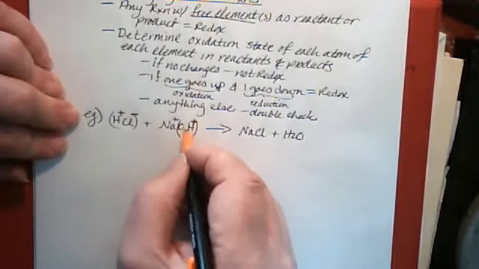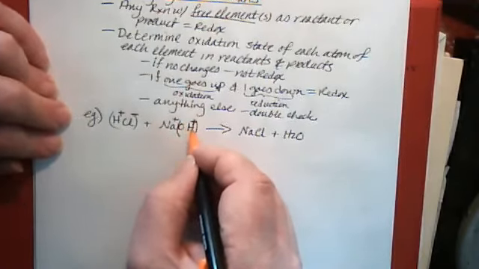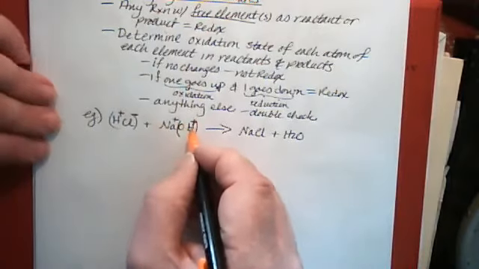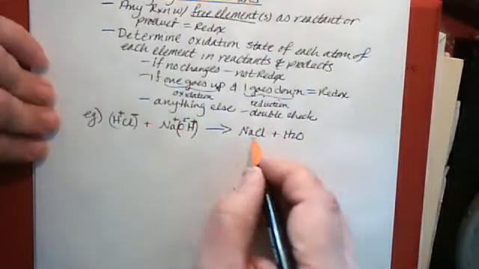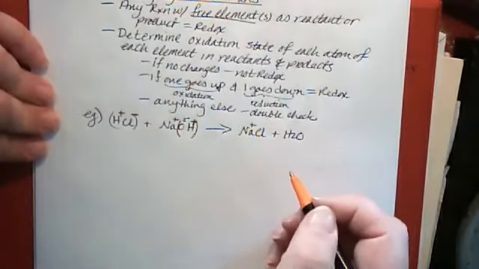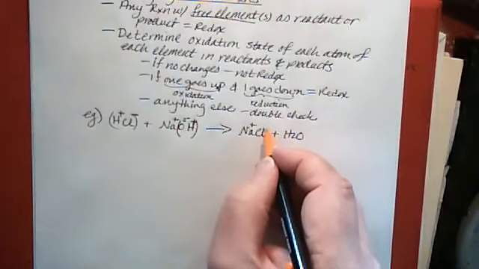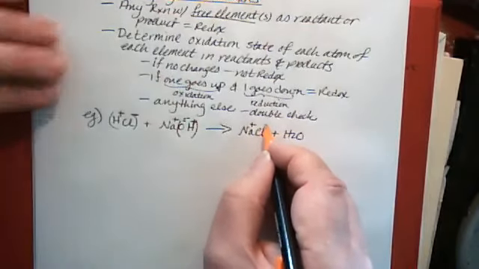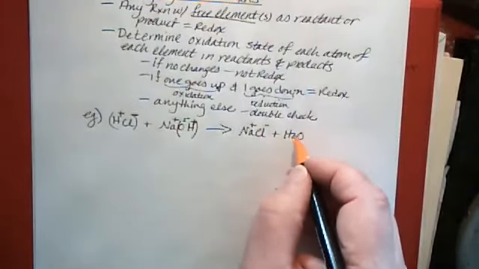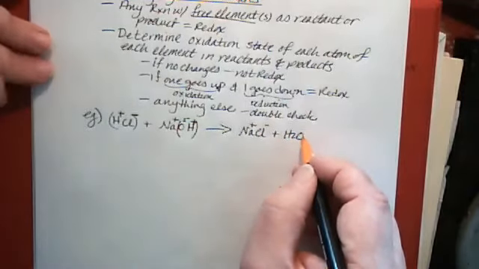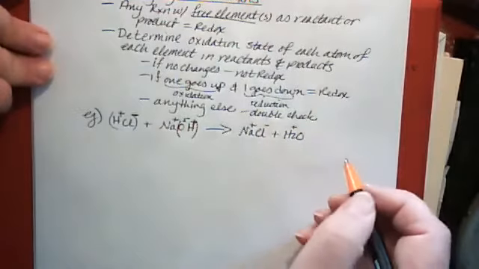And oxygen, when it's with a nonmetal that's less electronegative than itself, will be -2. Sodium, again, always +1. Chlorine, when it's with a metal, will always be -1. Hydrogen, when it's with another nonmetal like oxygen, will always be +1.